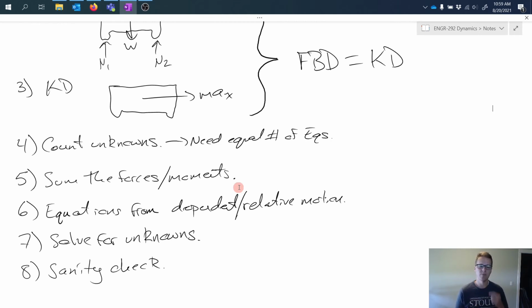If I have an object which is connected to another object by a rope, that might be some relationship there, right? One influences the other. And really what that's doing for us is eliminating unknowns by adding additional equations which give us more information. So once we've figured out how many unknowns we're trying to solve for, how many equations we need, and we've identified those appropriate equations, we can solve for them.